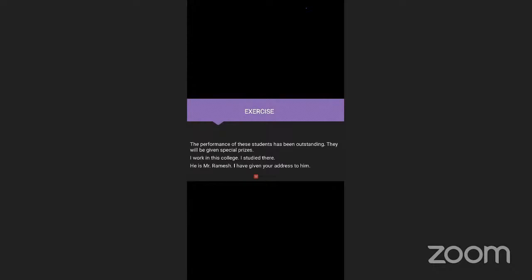And for the compound form: I work in this college and I studied there. I studied in this college and I work there. Like that also you can write. That is the answer.